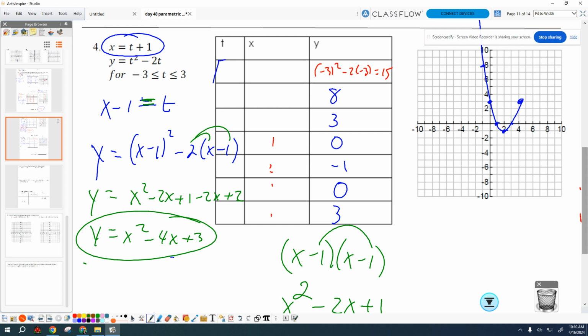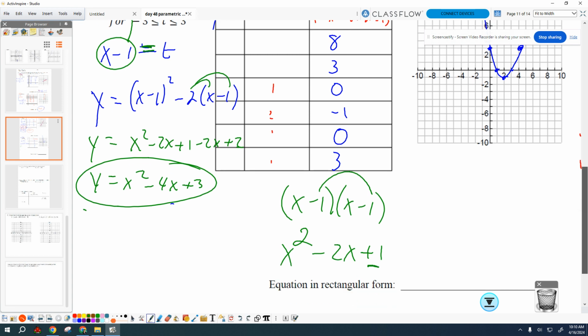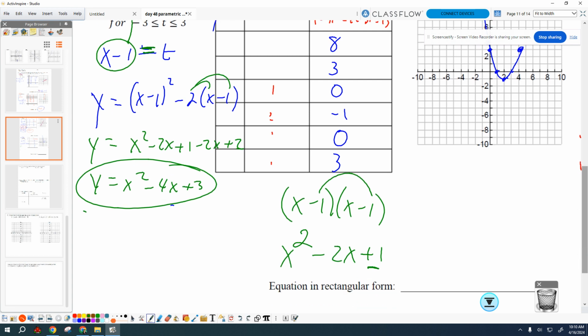Then we substituted x minus 1 for t here, so it's that squared minus 2 times that. Then x minus 1 squared we expanded right here, got x squared minus 2x plus 1. That goes up here, then distributing the negative 2.